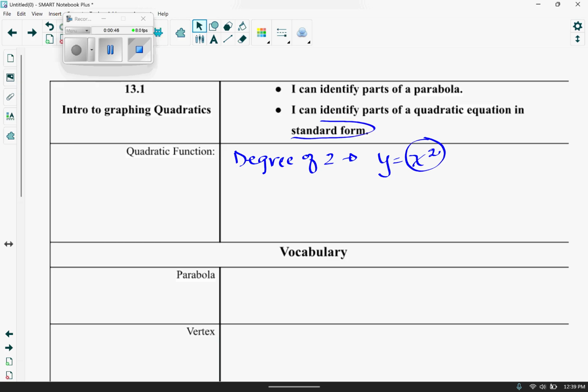When we talk about standard form, that's y equals ax squared plus bx plus c. Keeping in mind that the a value is a number, the b value is a number, and the c value is a number. A, b, and c are numbers.